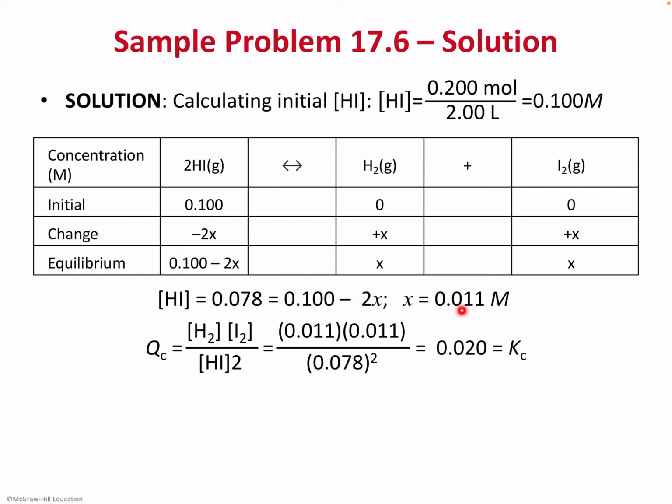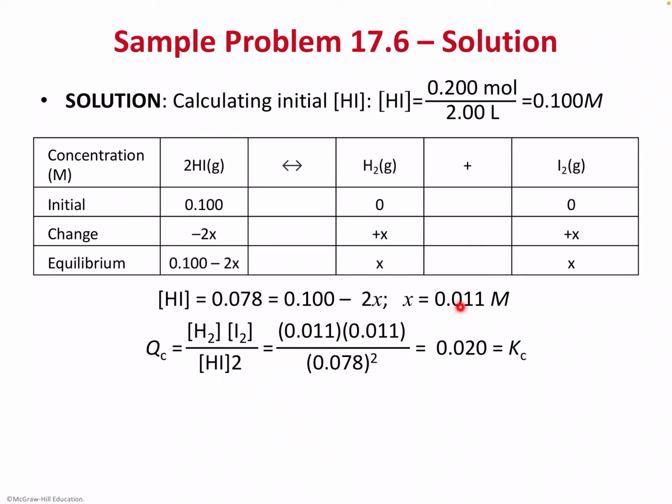X is 0.011, right? Meaning equilibrium concentration of hydrogen is also 0.011. Equilibrium concentration of iodine, X, also 0.011. So your Kc or the Qc would be equilibrium concentration of hydrogen times iodine over hydrogen iodide raised to the power 2.